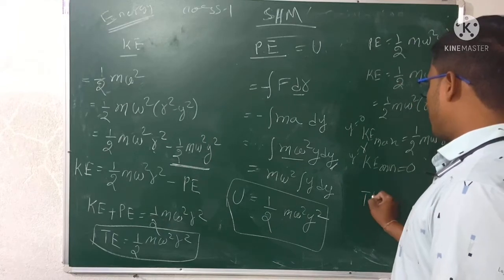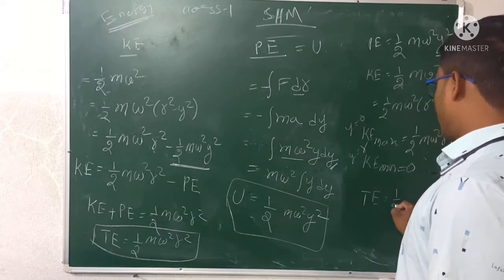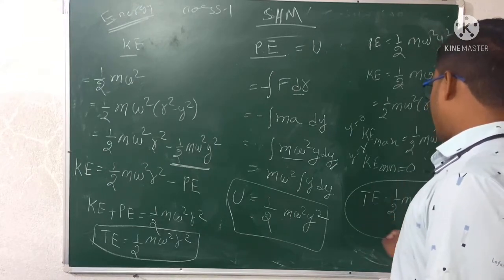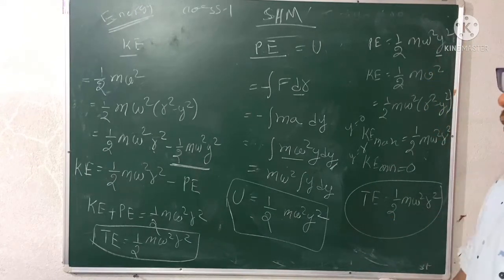Then what is the expression of total energy? It is equal to half m omega square r square. What is r? R is the amplitude of oscillation.